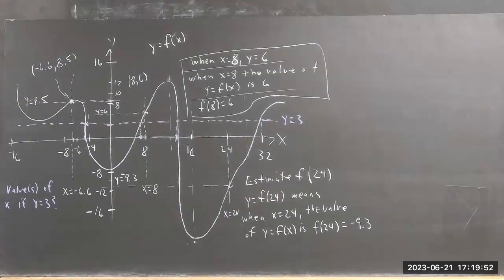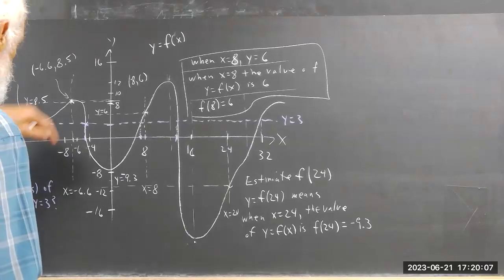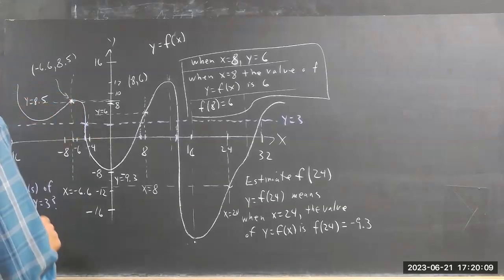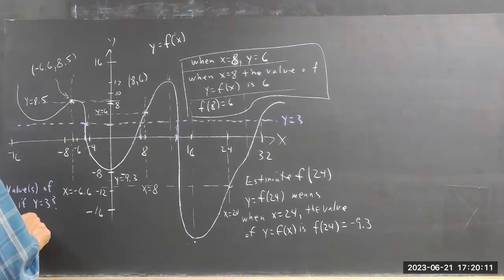So x is approximately, you can find that, well, that's negative 4, that's negative 6. I'd say negative 4.7.